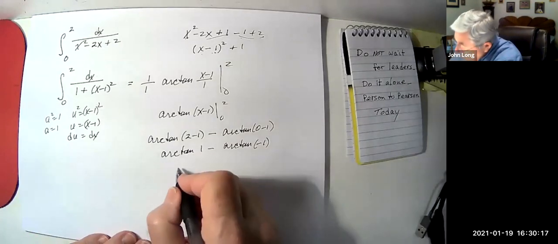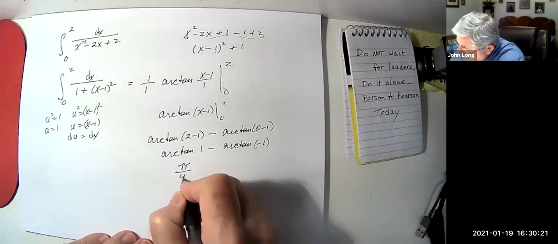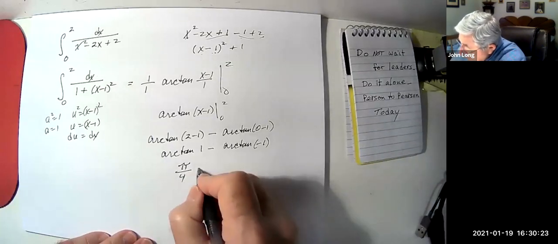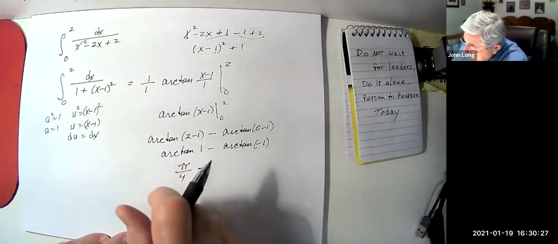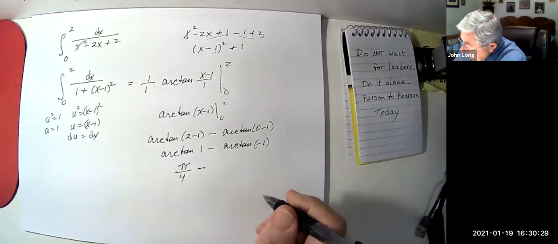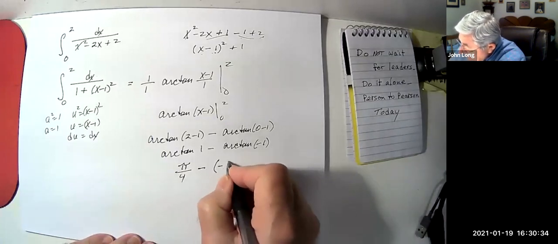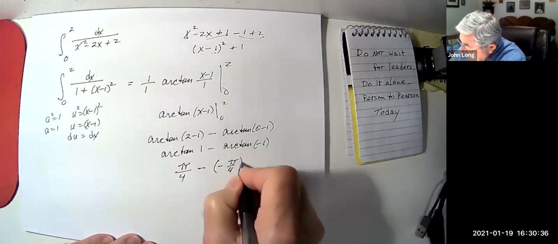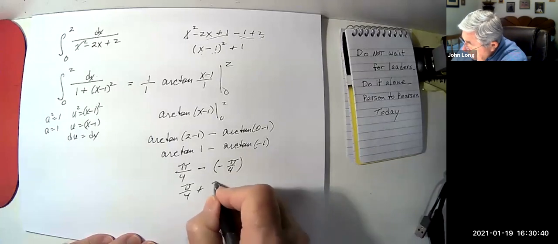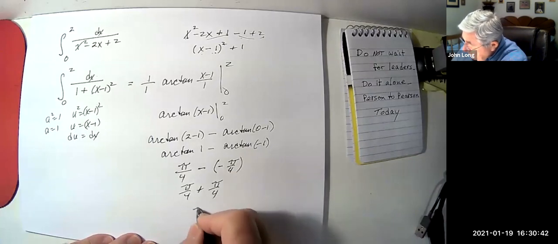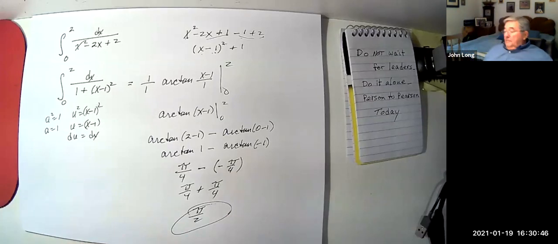Now, arctan of 1, we know the tangent of pi over 4 is 1, so that's that. Minus, and the arctangent of negative 1, remember the tangent uses the minus pi over 2 to pi over 2, so this is the negative pi over 4 here. So that's pi over 4 plus pi over 4 gives us pi over 2 for our answer.